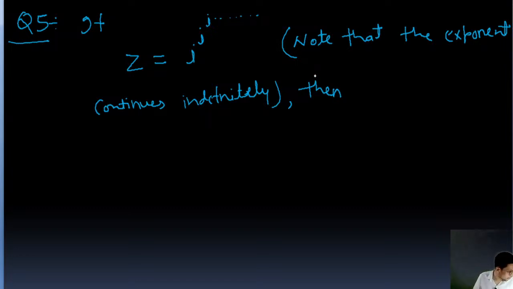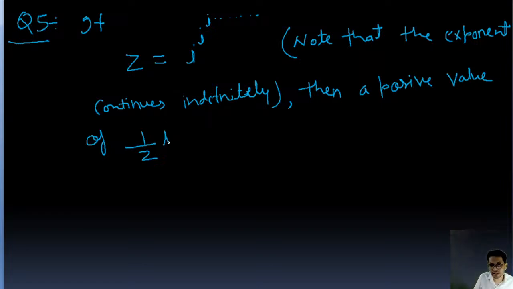Then a positive value of 1 upon z ln z is... options are given. Option A is 2i ln i.